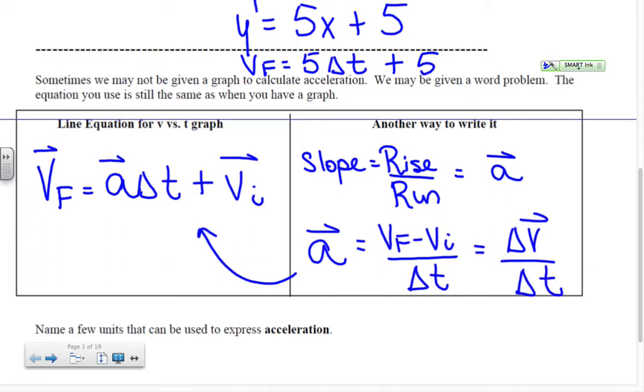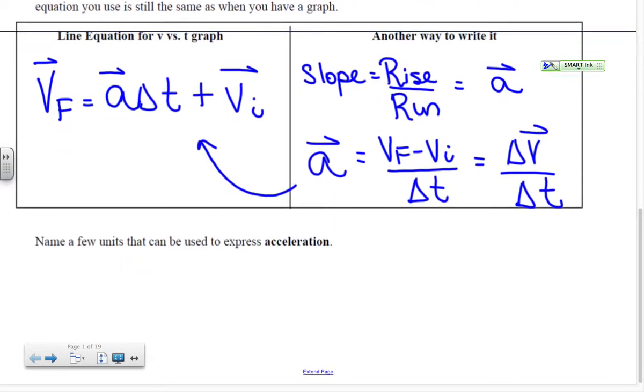Now, if you think about final velocity minus initial velocity, the order of that absolutely matters because if you don't set it up the correct way, you will get a positive when you're supposed to get a negative or vice versa. So if we were using this equation right here to find acceleration, okay, then all you've got to do is know your final velocity, your initial velocity, divide that by your time, and you've got it.